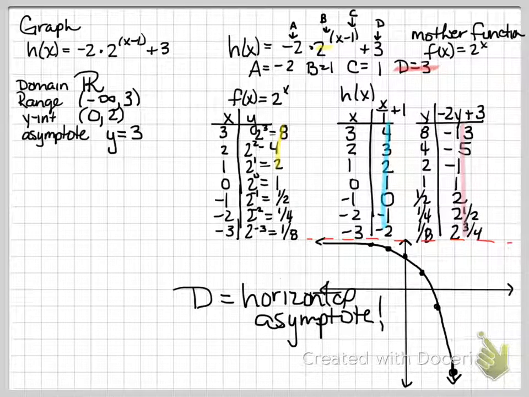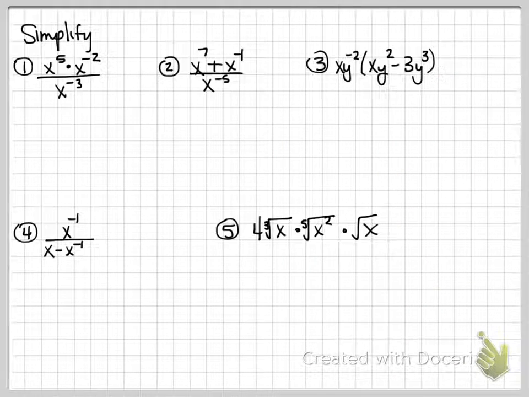We will be practicing this a few times throughout the unit. Let's move on to our next examples, which is on simplifying. So we're going to be using our properties of exponents. Make sure you review them. Just a quick reminder, that if you have x to the third times x to the fifth, you add those together and you get x to the eighth.